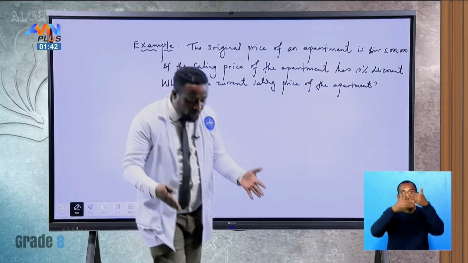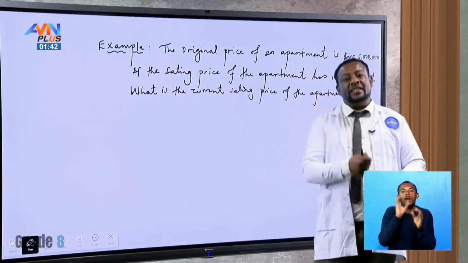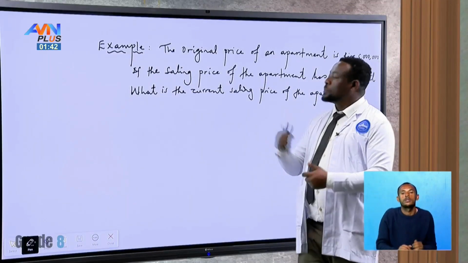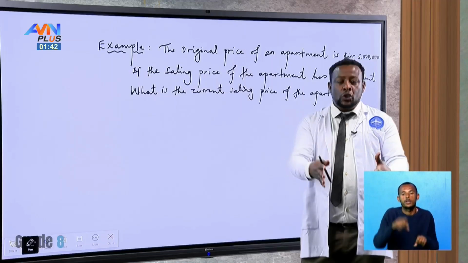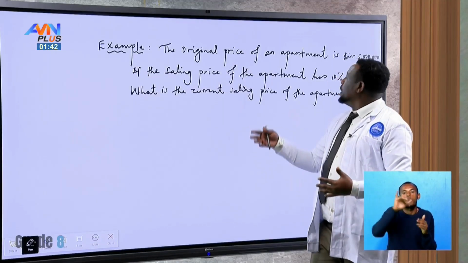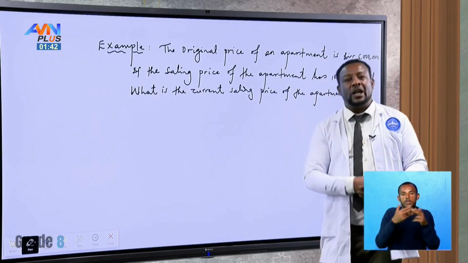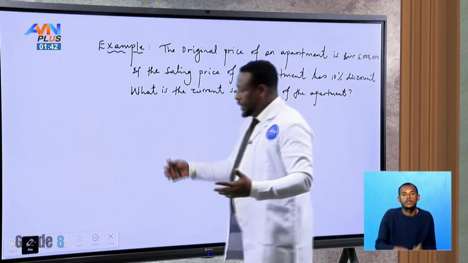As we did before, the first thing you need to do is calculate the discount in this price. Usually we calculate the discount by multiplying the percentage of discount by the original price of the item.